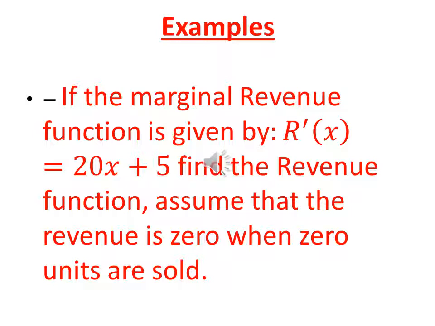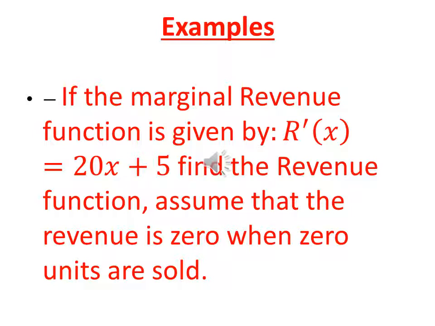So the revenue function is 20x power 2 over 2 plus 5x plus constant. Here's the constant. Find the revenue function. Okay, we get the revenue function equal to 20x squared over 2 plus 5x plus c. Assume that the revenue is 0 when 0 units are sold. What does that mean? It means the constant of integration is equal to 0.